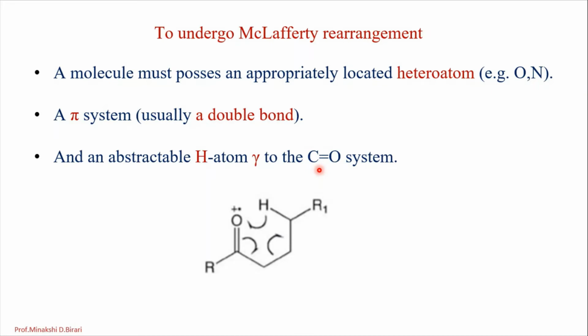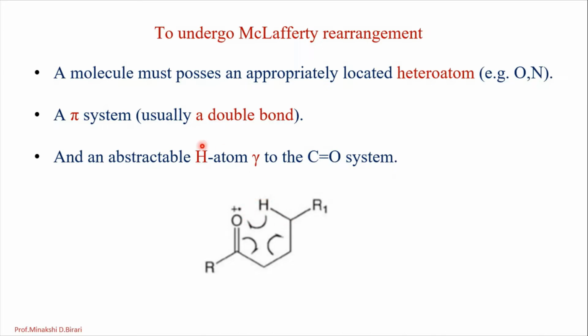So the criteria for a molecule to undergo the McLafferty rearrangement is a double bond to carbon, nitrogen or oxygen, and the presence of hydrogen on the gamma carbon with respect to the double bond.